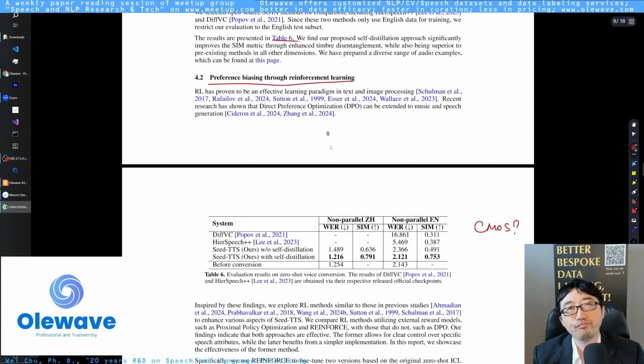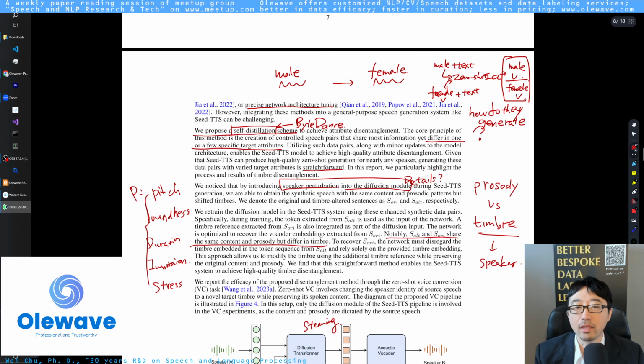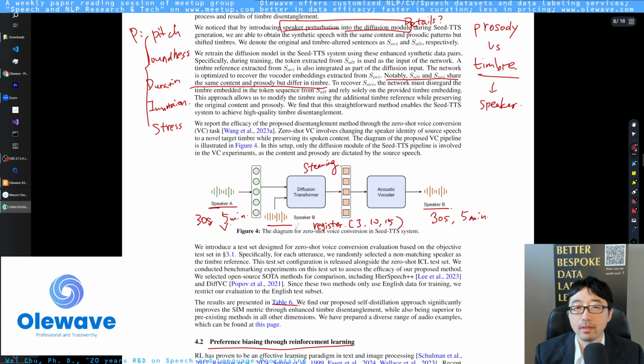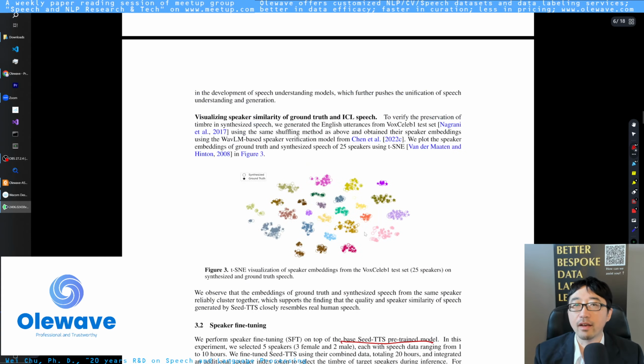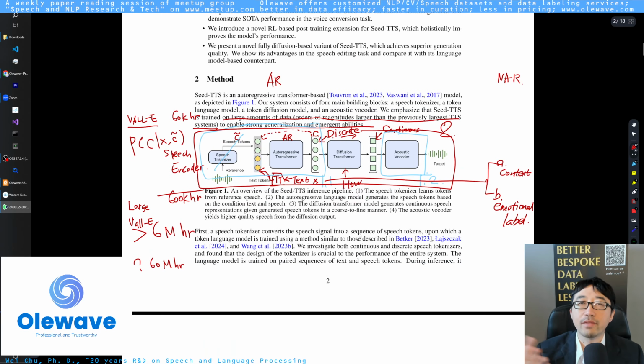And also, I attribute this to the possibility that they feed many pairs of data into this zero-shot conversion model. You see, they have this fantastic architecture for generating pairs of speech with only a few attributes changed.